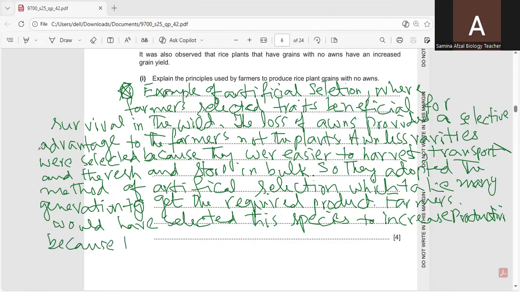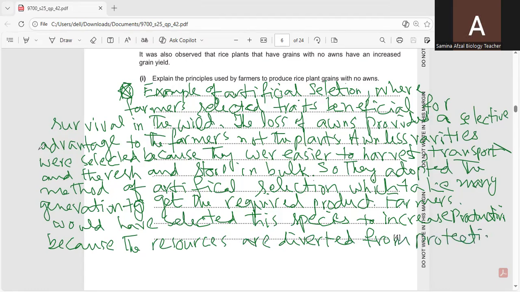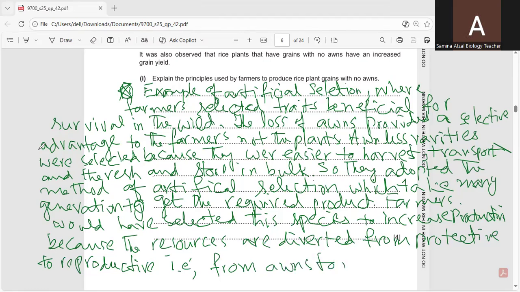Because the resources are diverted from protective to reproductive, that is from awns to no awns.